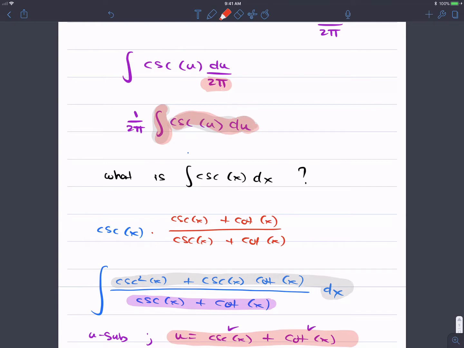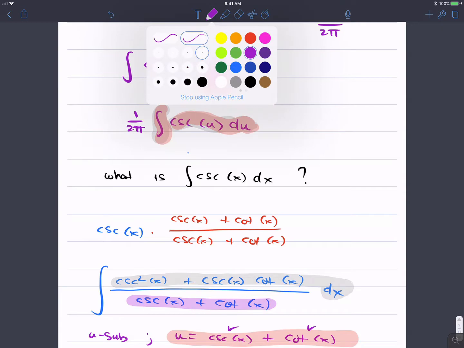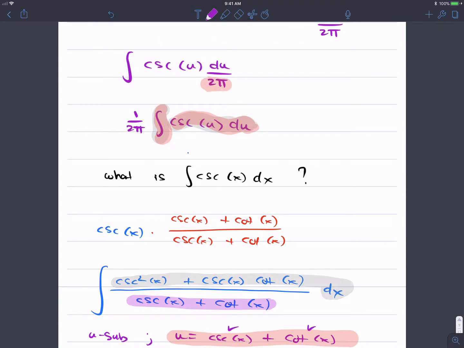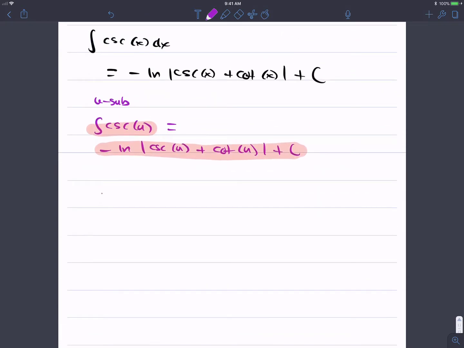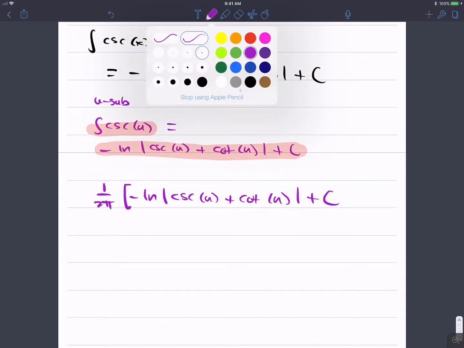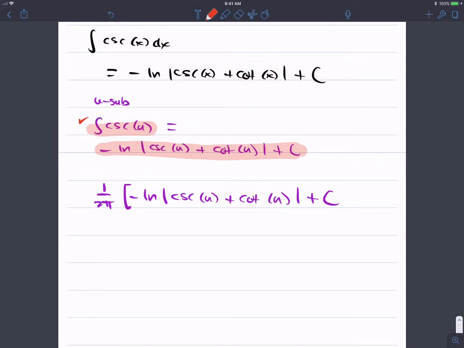So don't forget, we have a multiple of 1 over 2 pi now. So let's change our color and continue and say 1 over 2 pi times minus natural log cosecant of u plus cotangent of u plus this c. Because we replace the integral of cosecant u with what it is, and we have the factor. And there we go. We just have to remember what is u, and I'm talking about the original u.